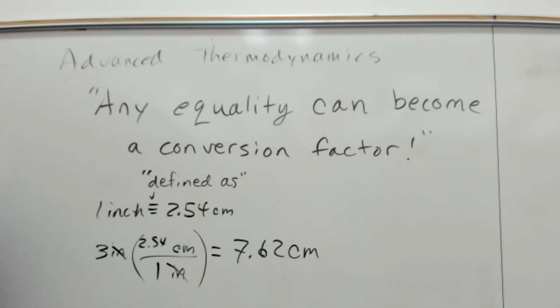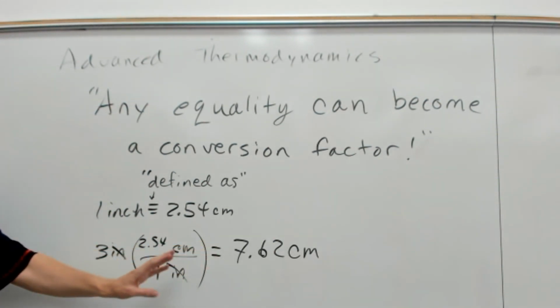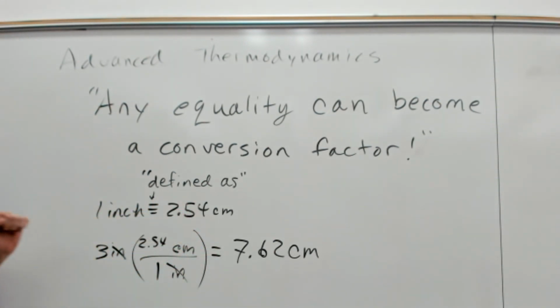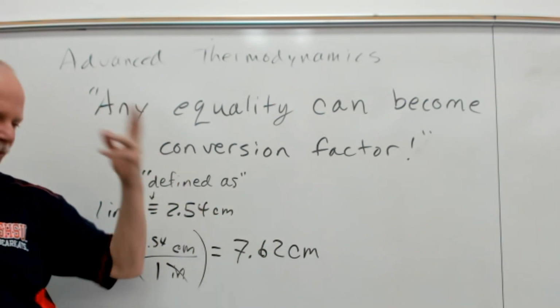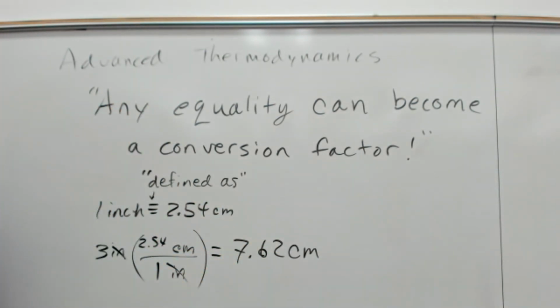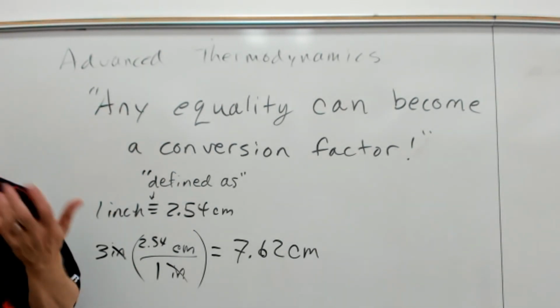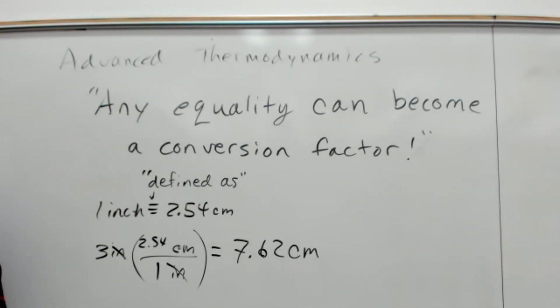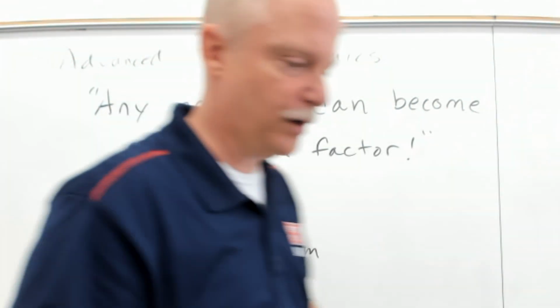Right? It's an identity operation. The only thing you're doing is changing the units and how you speak about the identity of that number. This number, 3 inches, is the same entity as 7.62 centimeters. You're just using a different description, using centimeters, and so you have a different number to go with it. Okay. Very important concept.